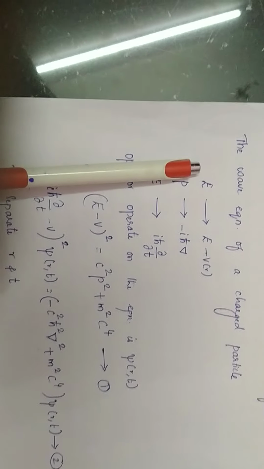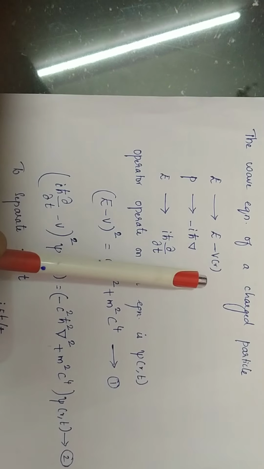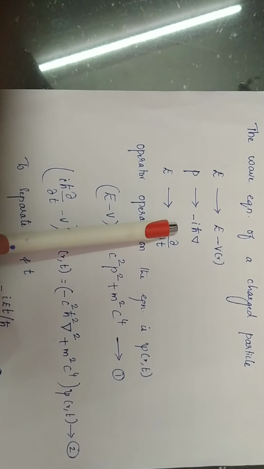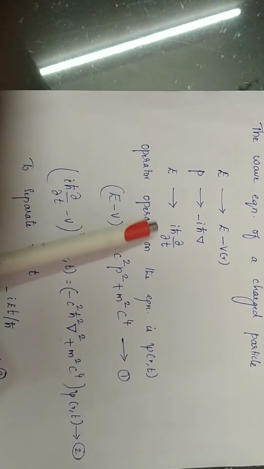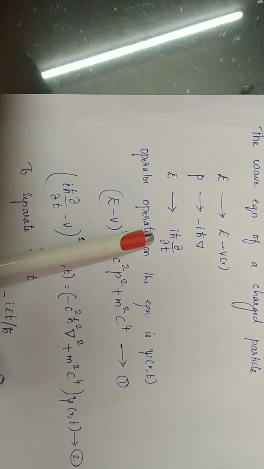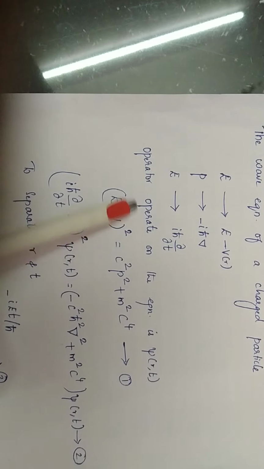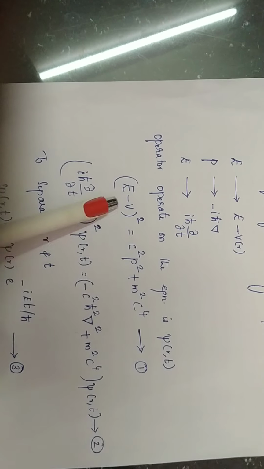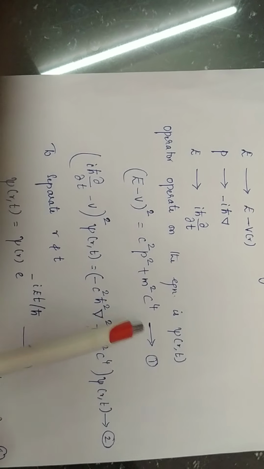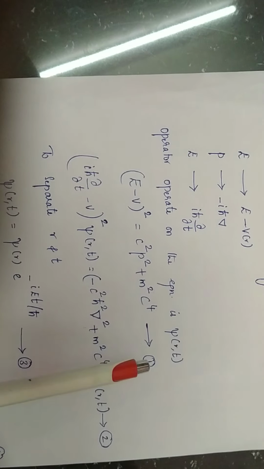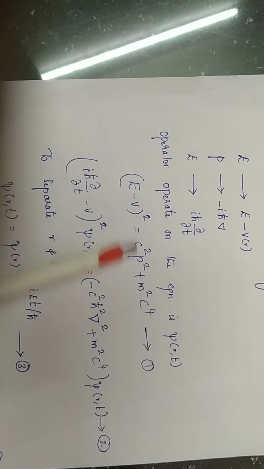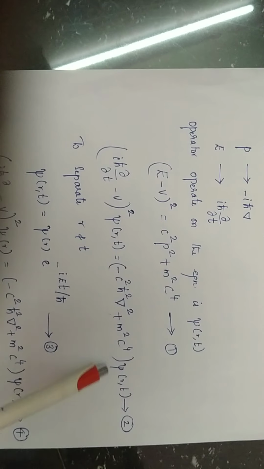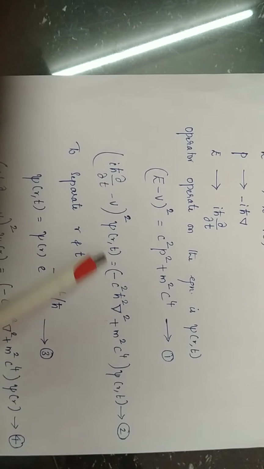That is, instead of E we are going to write E minus V of r, and instead of p we are going to use the momentum operator, and instead of E we are going to use the energy operator. So all these are incorporated in the regular expression for energy, and that is marked as equation number 1. In this equation we are replacing all the other factors and multiplying by psi of r comma t on both the sides.